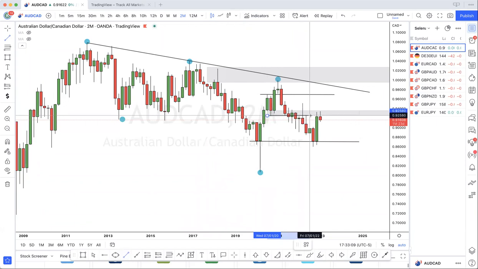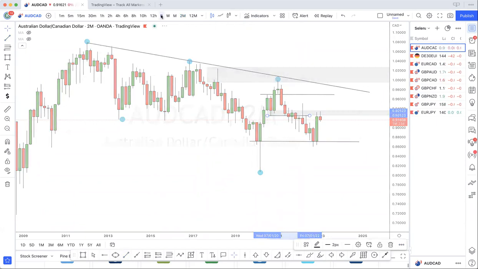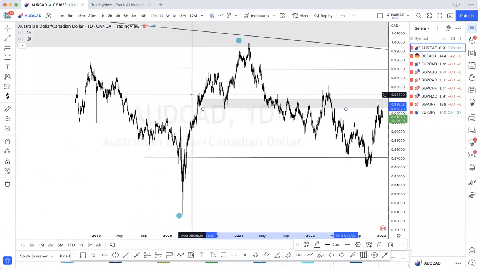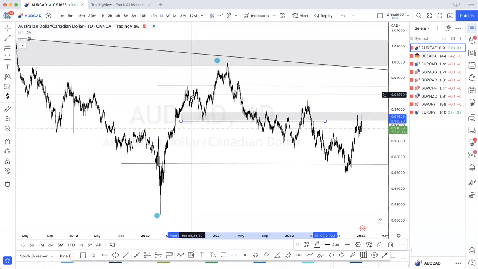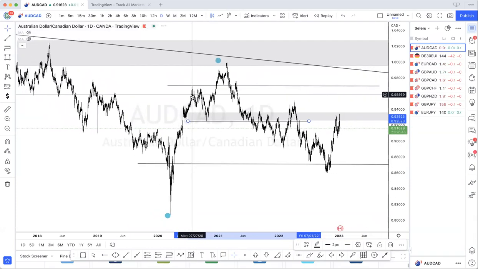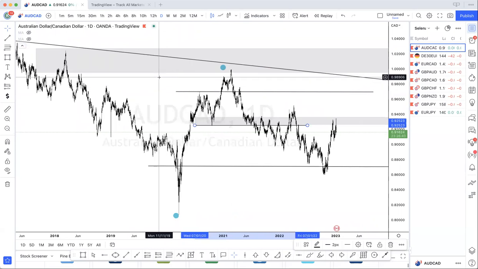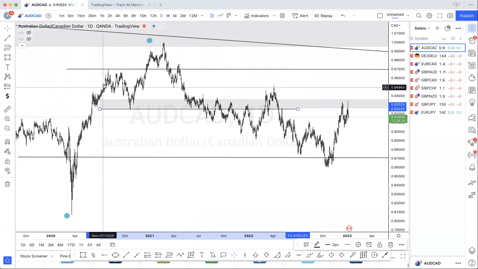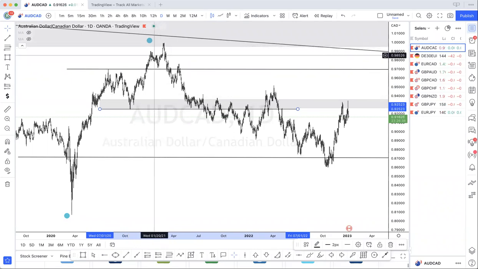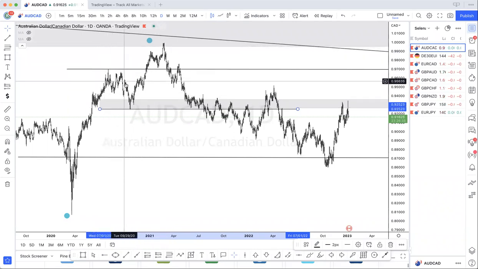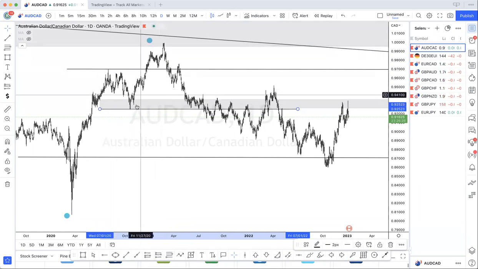And I'm going to show it to you maybe on a daily. Let's see. So see how price pushed up, pulled back, and then pushed up to the top. So once you got the pullback and then this break, this became your swing low.